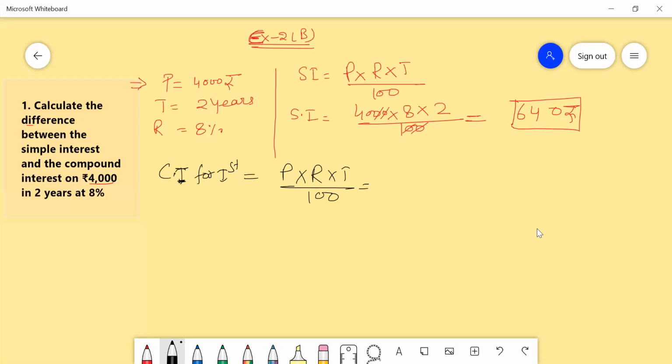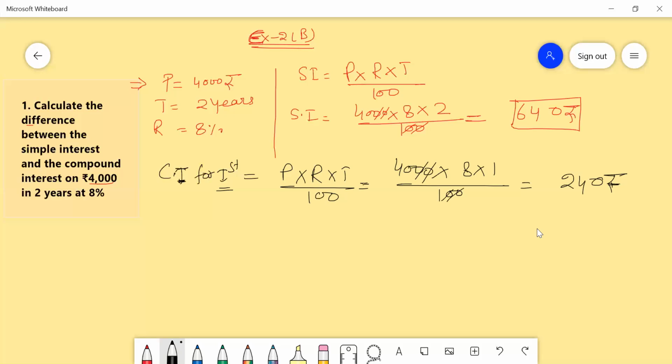The principal for the first year is 4,000, rate is 8%, time is 1 because we calculate for the first year, and we cancel two zeros. The answer is 8 fours are 32, 320 rupees. This is the compound interest for the first year.